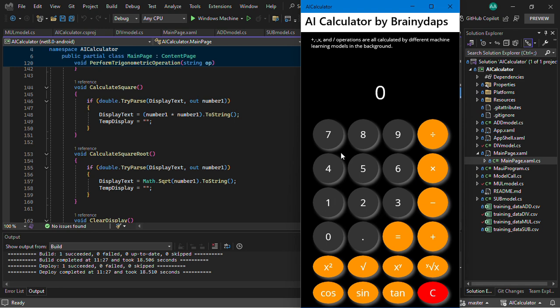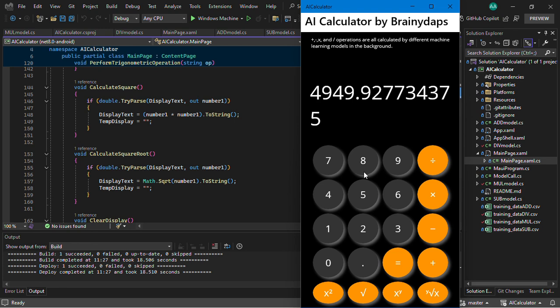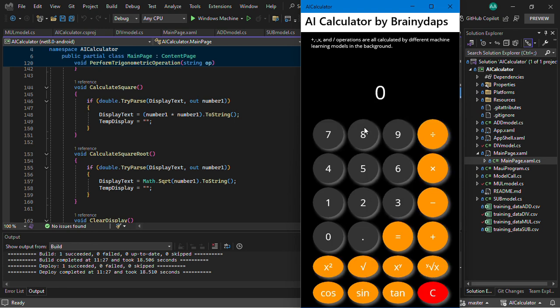But I noticed something. The addition and subtraction seem to be the most accurate, no matter how large the value is. Let's try a really large value, like 5,000 minus 50, which should be 4,950. It gave 4,000-something. That was very close. Now let's try a really large number.